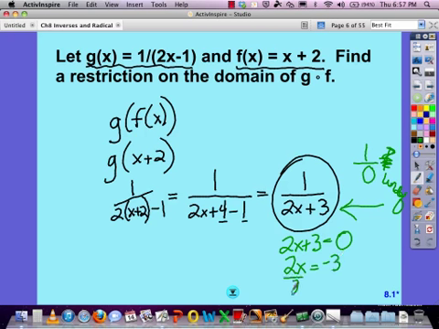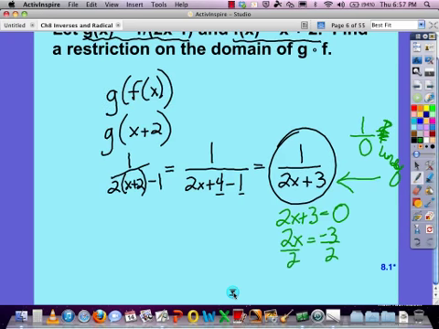We'll divide by our 2, and we will get x equals negative 3 halves. So our restriction to the question that was asked is x cannot equal negative 3 halves. If it does, then we have an impossible problem. So the restriction is what makes the denominator 0. By solving it for 0, we found that restriction.